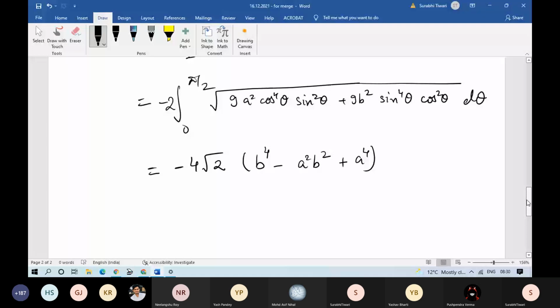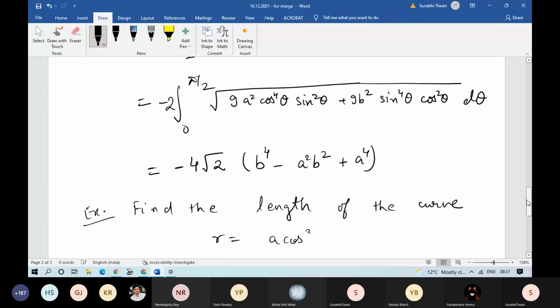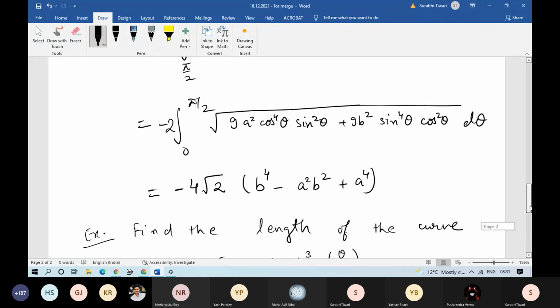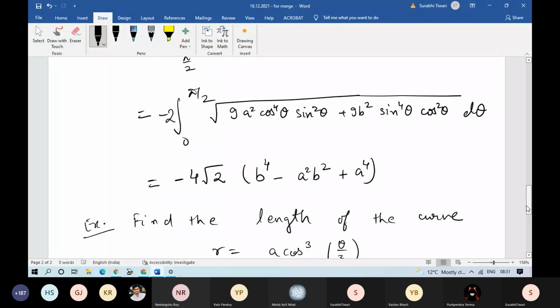Let's take one more example, do it on your own. Find the length of the curve r is equal to a cos cube theta by 3. Ma'am, in the final answer, we will take the mod value, as the perimeter has to be positive. Mod value. Now you don't know the values of a and b, so I wrote whatever comes. Whatever the values of a and b are, we have to take the positive value, because it is a perimeter.